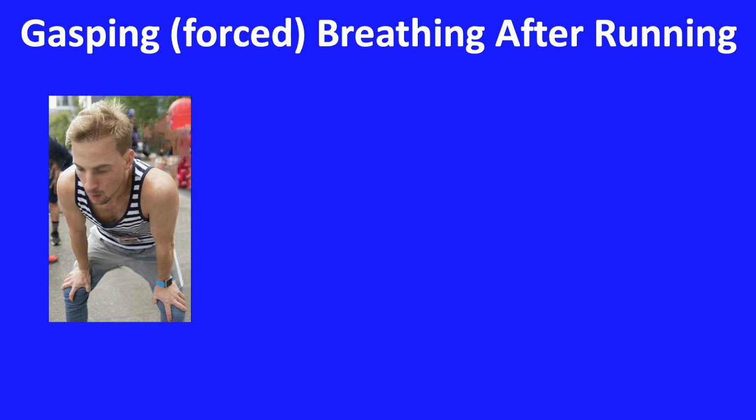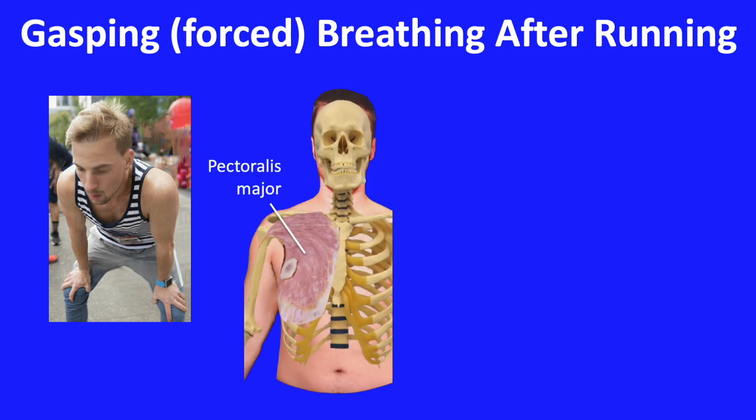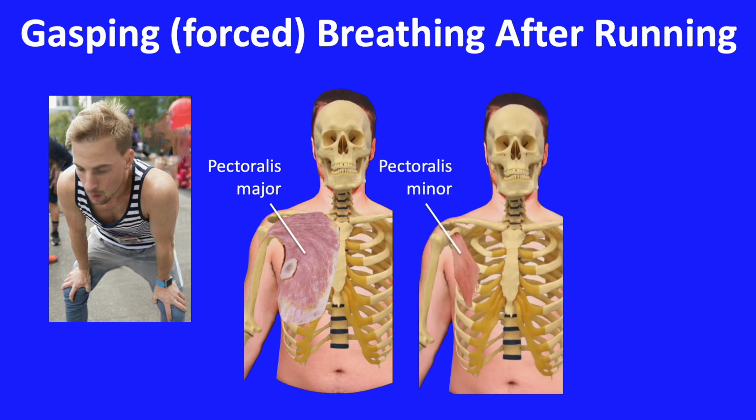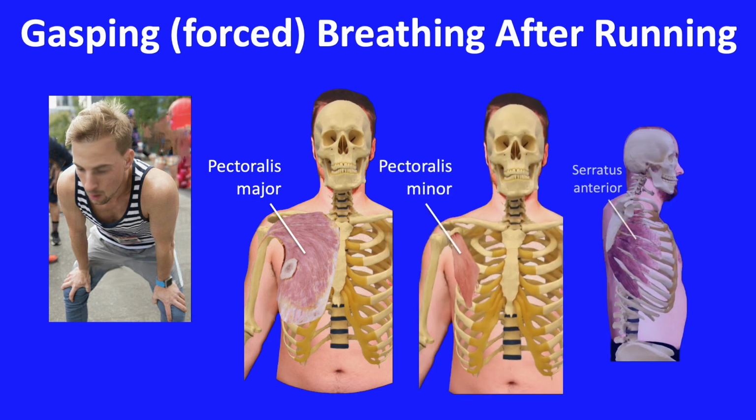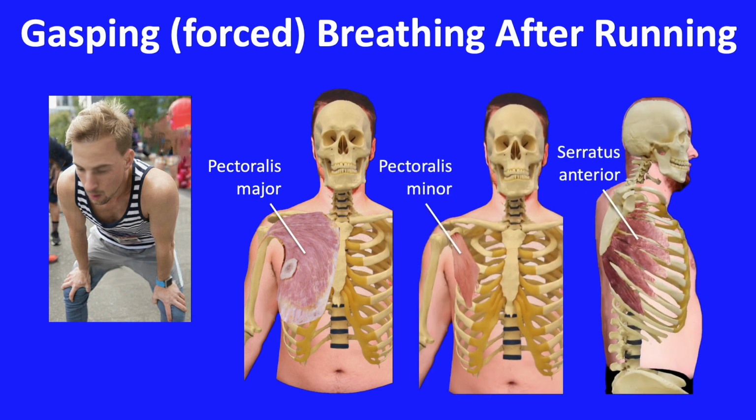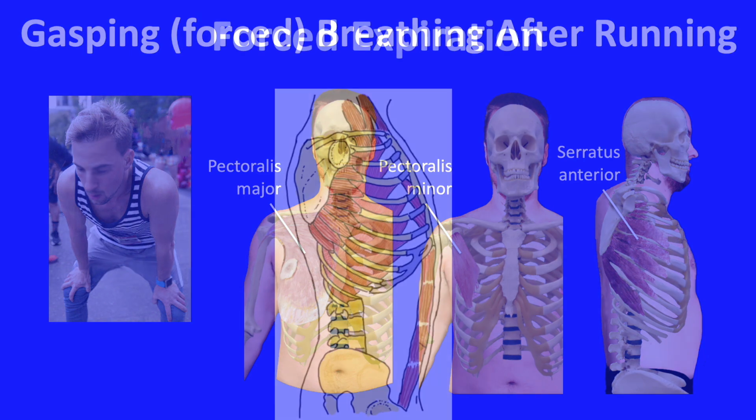In this case, not only will you recruit all the muscles that help you with quiet inspiration, but now you will also deploy the pectoralis major, the pectoralis minor, and the serratus anterior. It is for this reason that these muscles are termed accessory muscles of respiration.